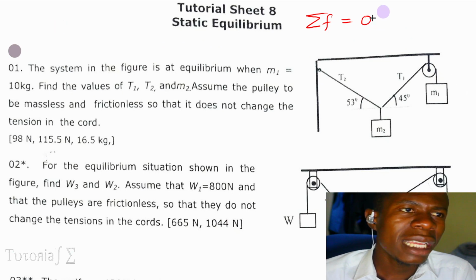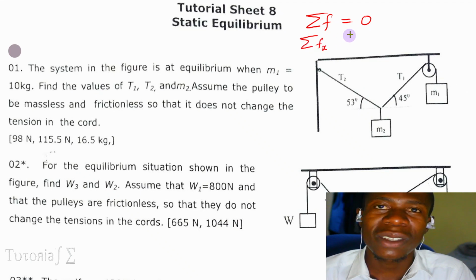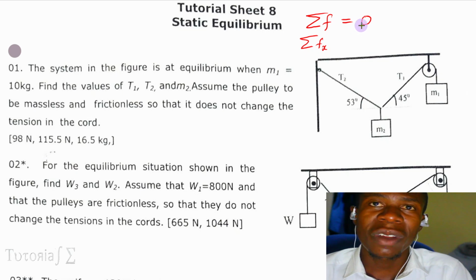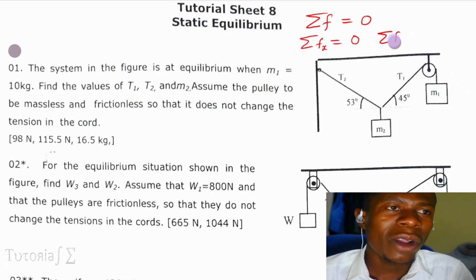Having that known, if we sum forces in the x component, just like we were resolving those vectors, the vectors in the x component also add up to 0, and vectors in the y component also add up to 0.